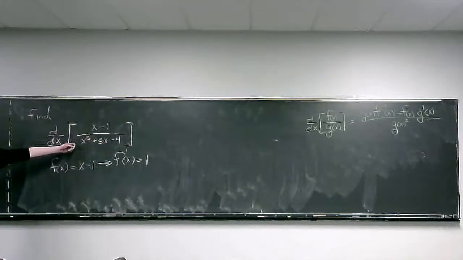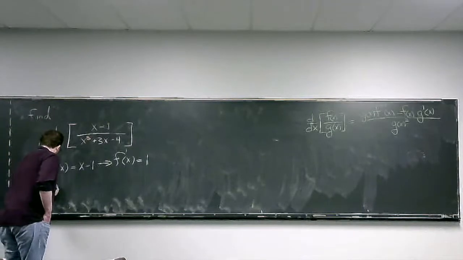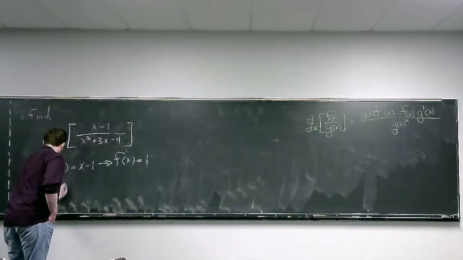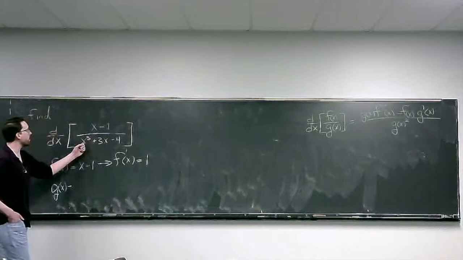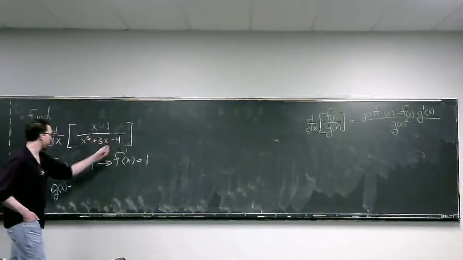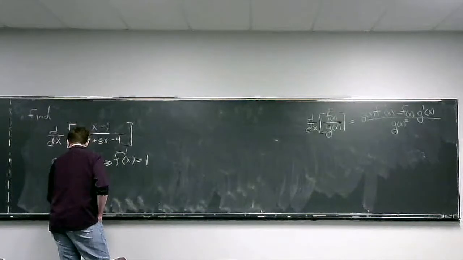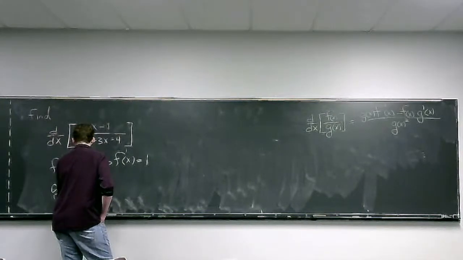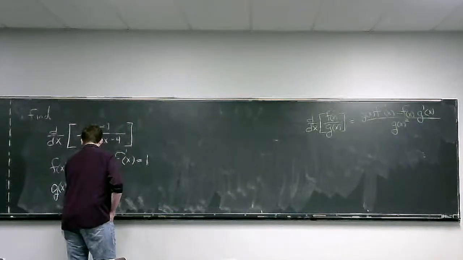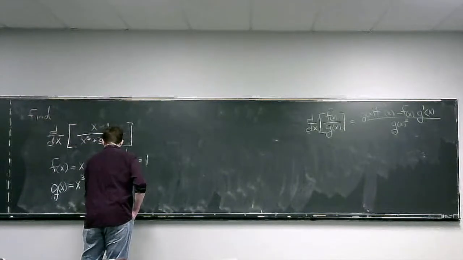Meanwhile, g of x is going to be x cubed plus 3x minus 4.